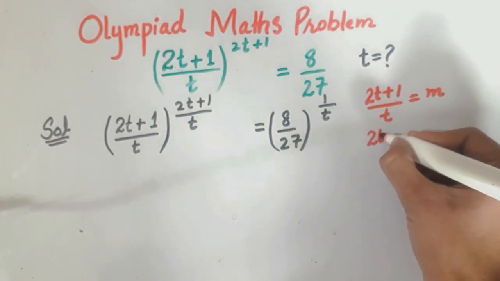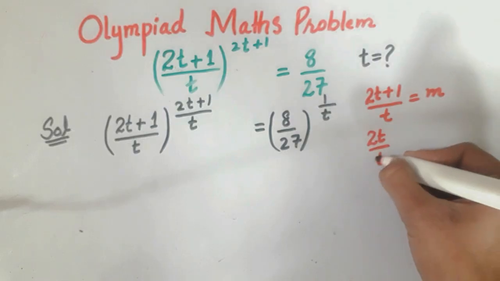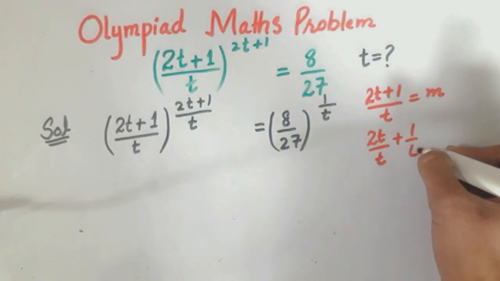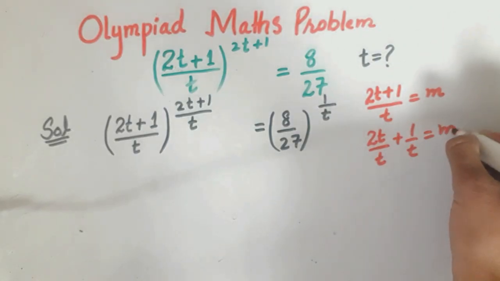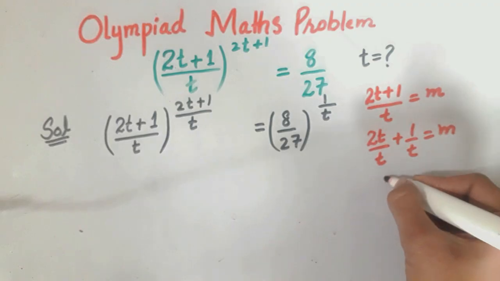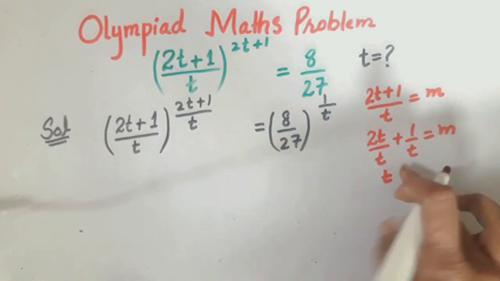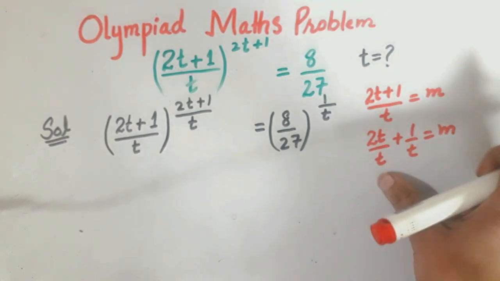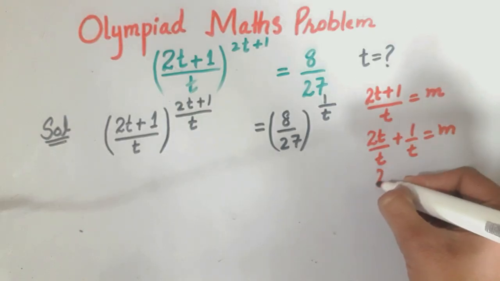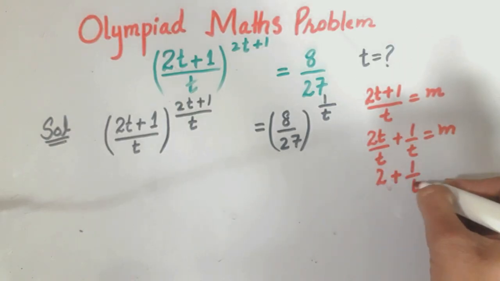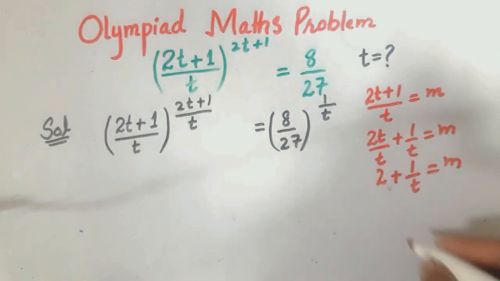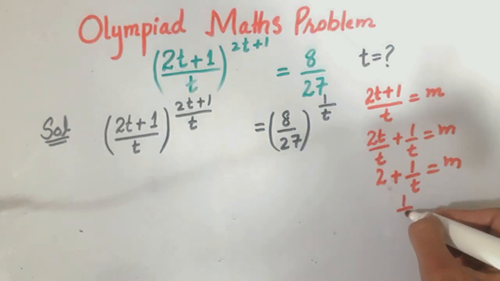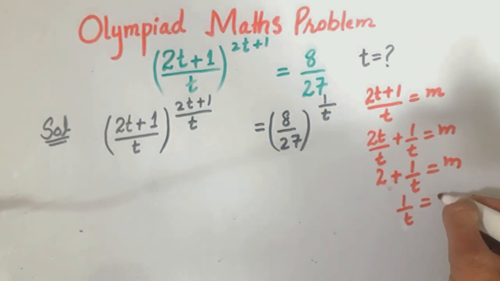Splitting this, 2t/t + 1/t equals m. It means that t and t cancel out and we have only 2. So 2 + 1/t equals m. Then 1/t equals m - 2.